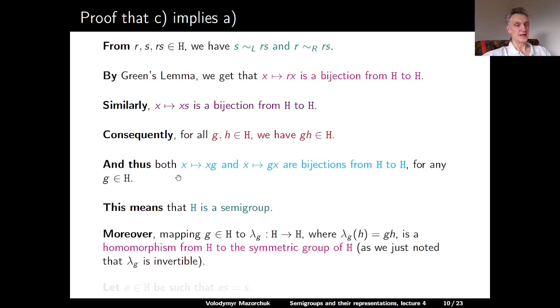Moreover, if we take an element G in H and we map it to the transformation of H, which is given by left multiplication with G, this is a homomorphism from our semigroup H to the symmetric group on H. So we just noted that left multiplication with G is a bijective transformation of H. So we have a homomorphism of our semigroup H to the symmetric group on H. Let E in H be an element such that ES is equal to S. It must exist, because the right multiplication with S is a bijective transformation. So we can apply it to something to get S back.